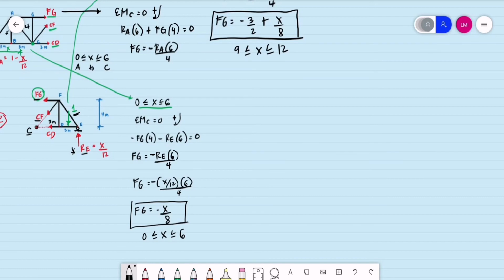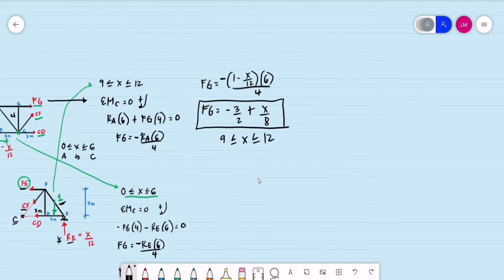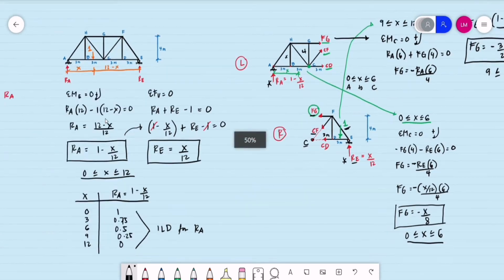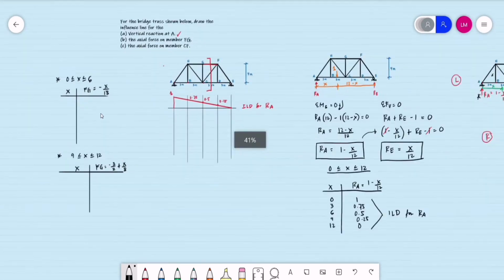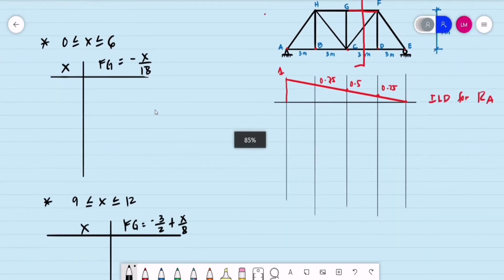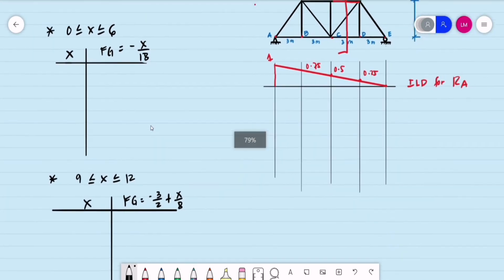For the interval from 0 to 6, FG is equal to negative x over 8. Then for the interval 9 to 12, FG is equal to negative 3 over 2 plus x over 8.